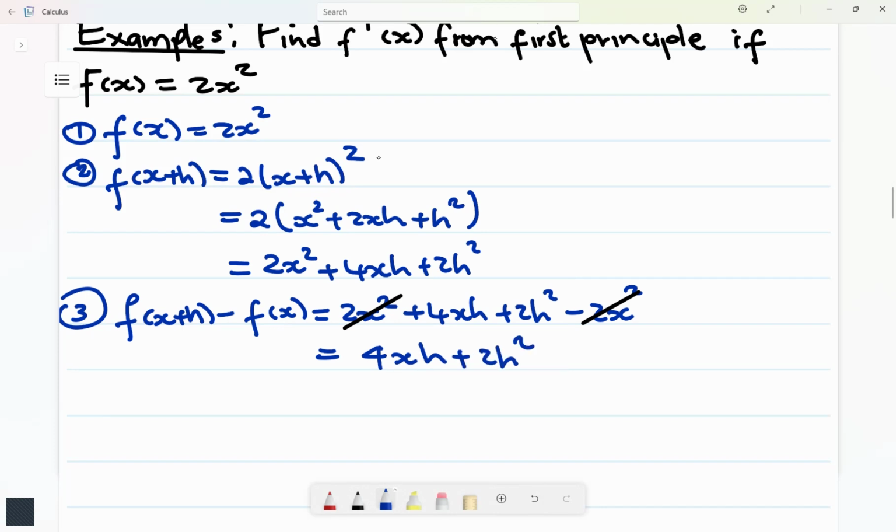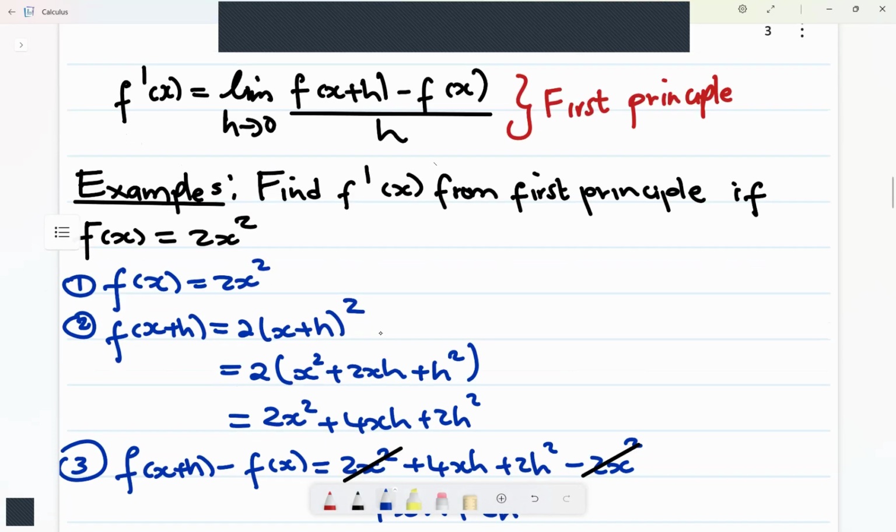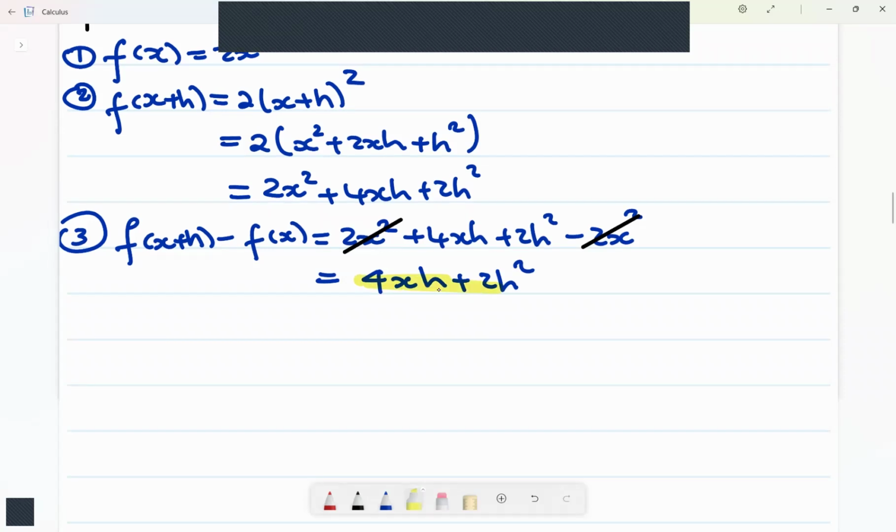Remember what I said? I said when you substitute into this formula, f of x plus h minus f of x, something that has x squared should not appear after finding the difference here. Can you see now on this difference we do not have x squared?